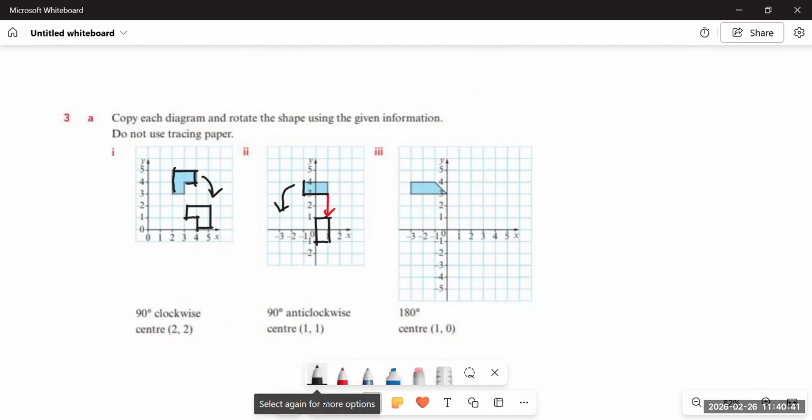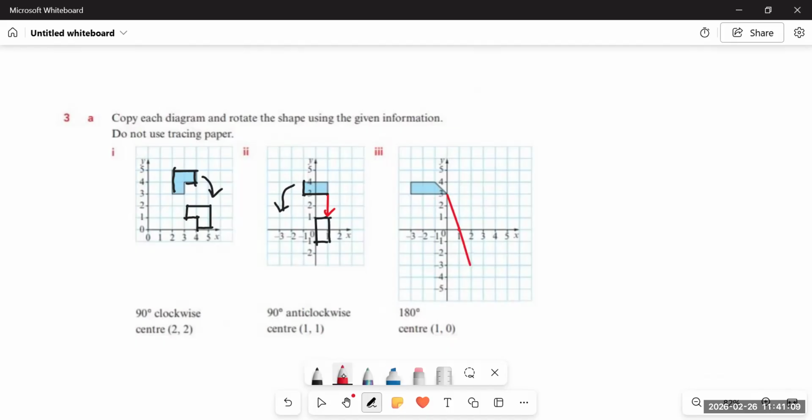Now the third one is 180-degree, center 1, 0. So where is 1, 0? This is 1, 0. And since it's 180 degrees, let's draw a line like this. And here it's like this.